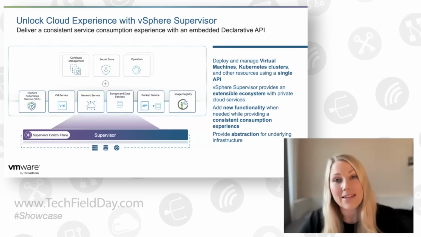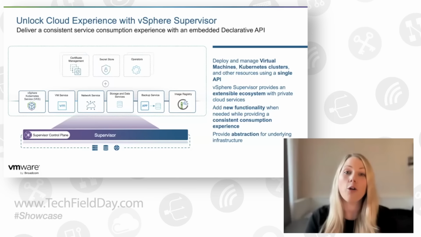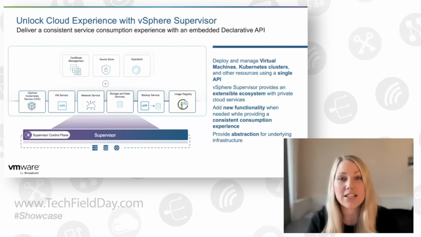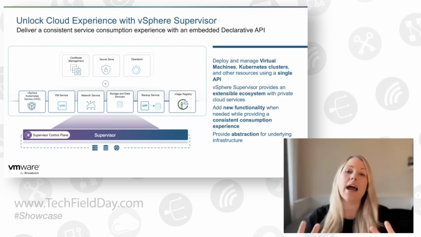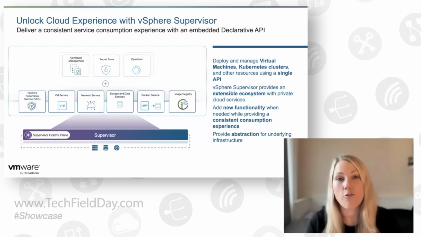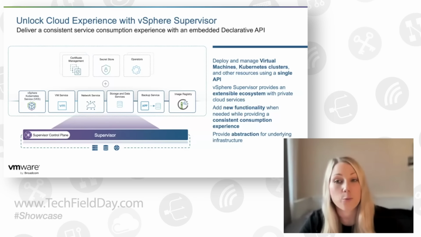So mainly, in order to unlock this cloud experience for all of your workloads, whether those are virtual machines or containers running in Kubernetes clusters, we had to come up with a unified way of controlling everything that's running in the ecosystem. And the way we've done that in VCF 9 is by embedding this declarative API, which is called vSphere Supervisor, which exposes a desired state ecosystem with an API and a set of services that you can use to support your workload.